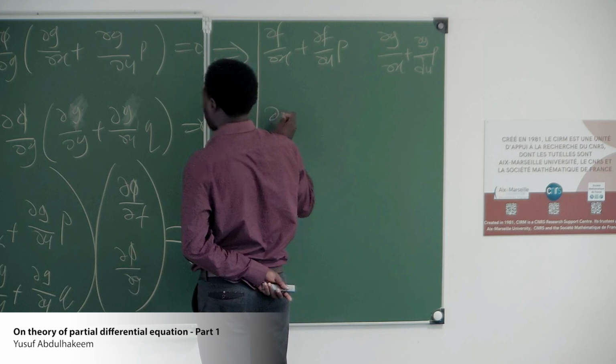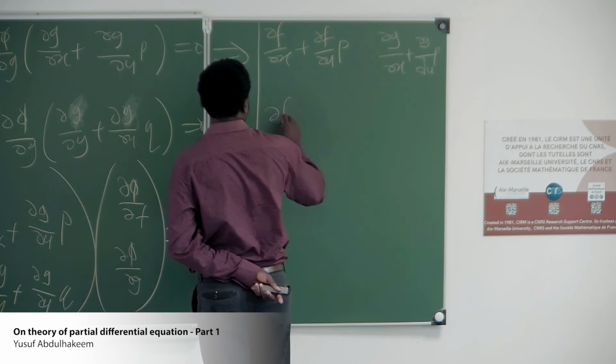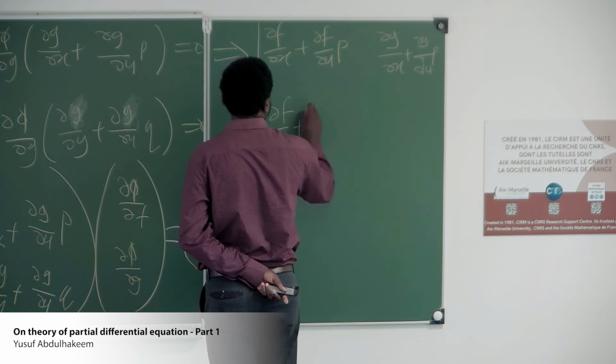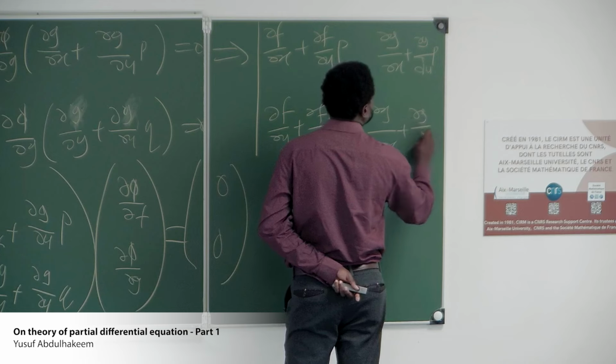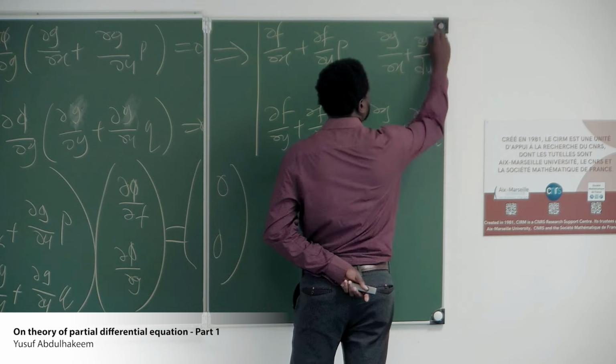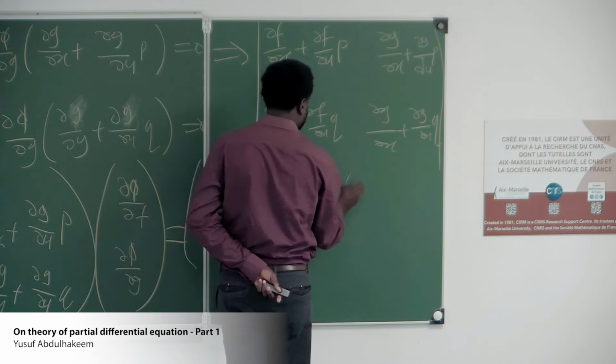Then also here we have ∂f/∂y plus ∂f/∂u, then we have q. Then here we have our ∂g/∂y plus ∂g/∂u, then we have q. Then everything here we say it is equal to 0.